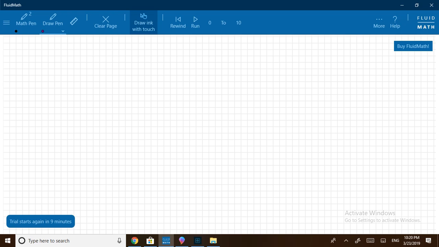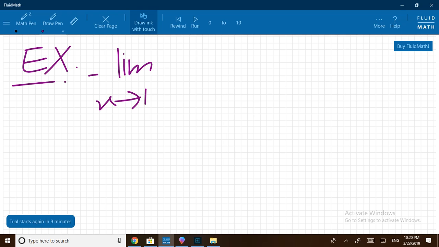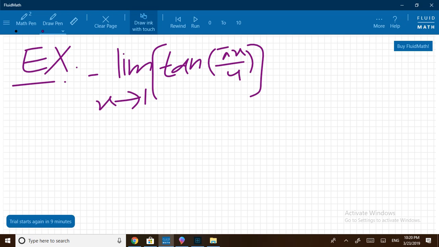The exercise is: the limit as x approaches 1 of tan(πx/4) raised to the power tan(πx/2).